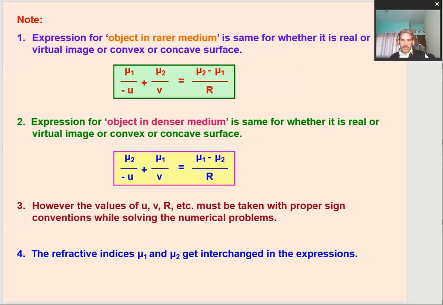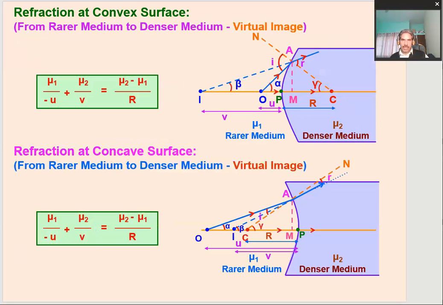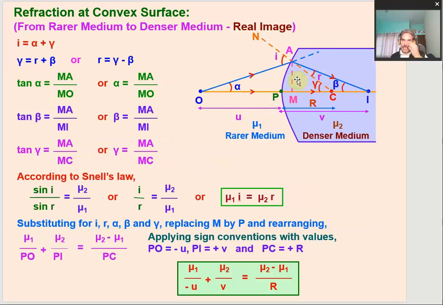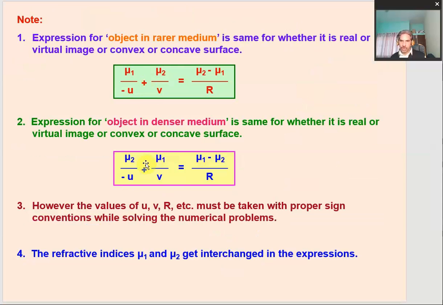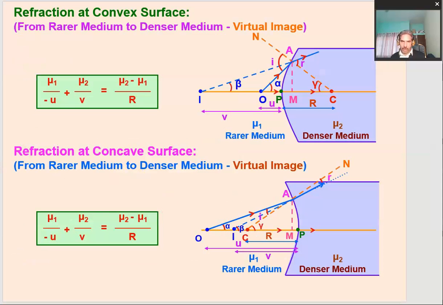The only thing you have to remember is to keep the notations the same in each and every article or situation, whether it is a convex spherical surface or a concave spherical refracting surface, whether the image is formed real or virtual. In all cases you will get only these two equations. If you want to see, you can just compare these two equations.